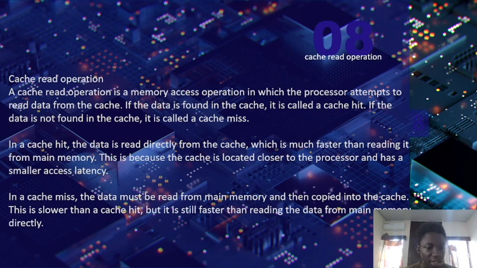In a cache miss, the data must be read from main memory and then copied into the cache. This is slower than a cache hit, but it is still faster than reading the data from main memory directly.